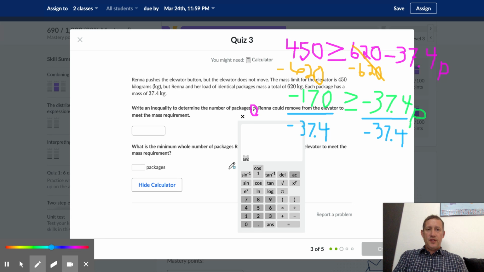I don't want to do this without a calculator, so you can type in your calculator, and actually we might as well type in the calculator, 170 divided by 37.4.